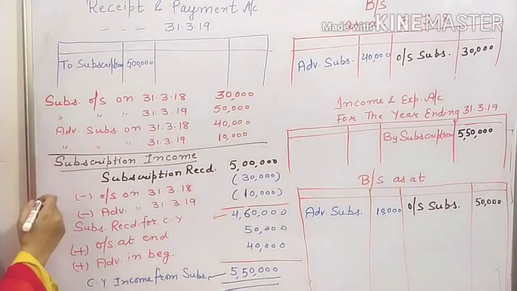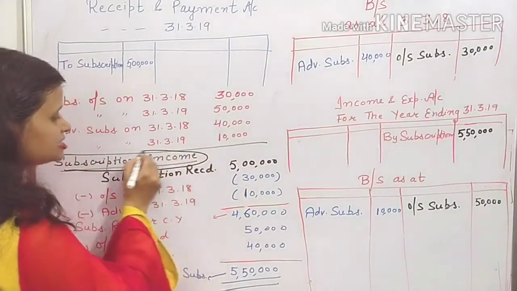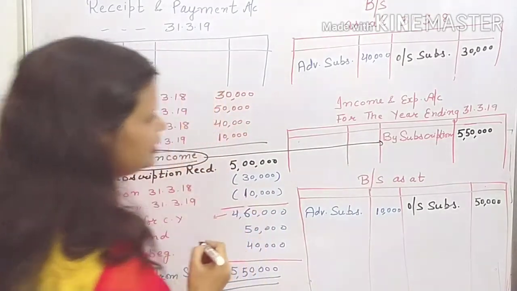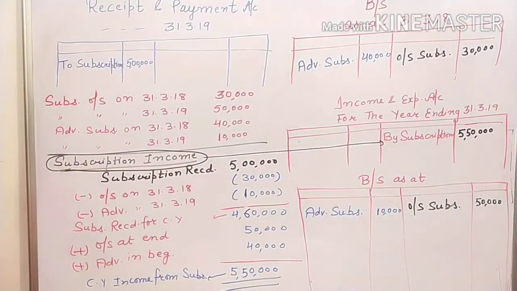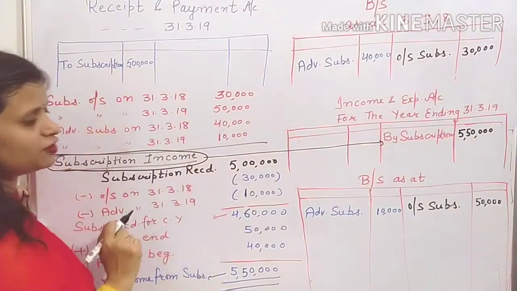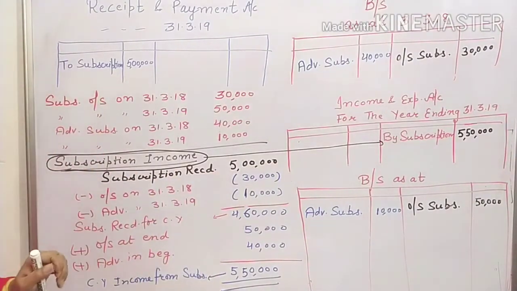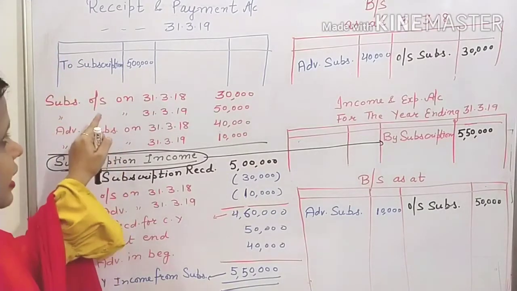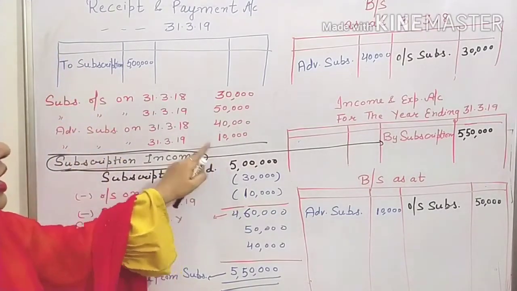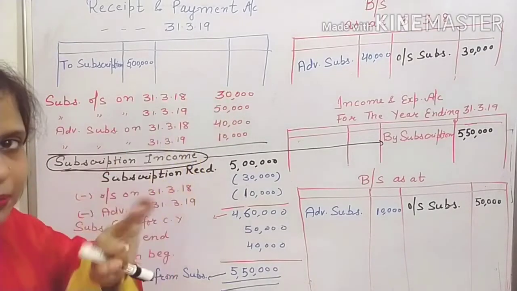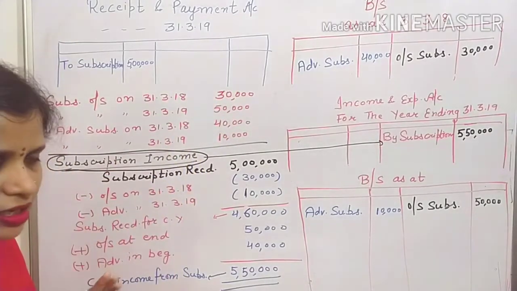First we will calculate the subscription income to be shown in the income and expenditure account. You have received a total subscription of 5 lakh. But what is the general assumption? If no other information is there, then out of this 5 lakh, the 30,000 which is outstanding in the beginning will be received during the year.